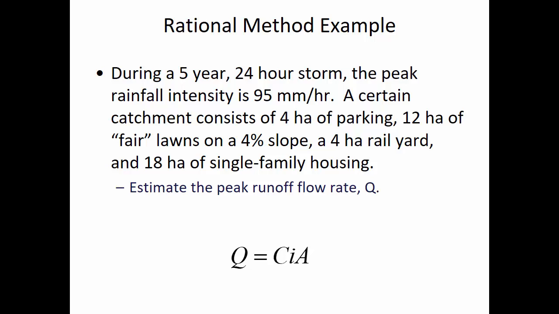In other words, it's 100 meters by 100 meters. And so the 38 hectares that we have is 38 times 10,000 meters squared. All right, so find out what flow rate in terms of cubic meters per second you anticipate to see coming off of this during the peak storm.